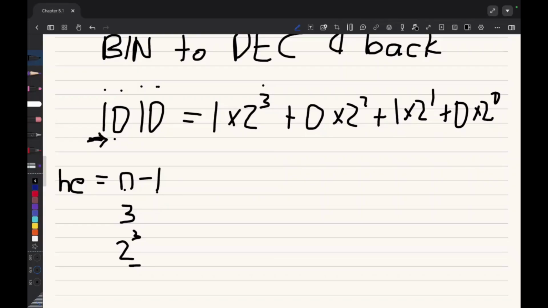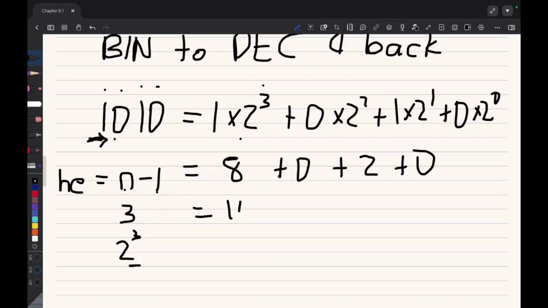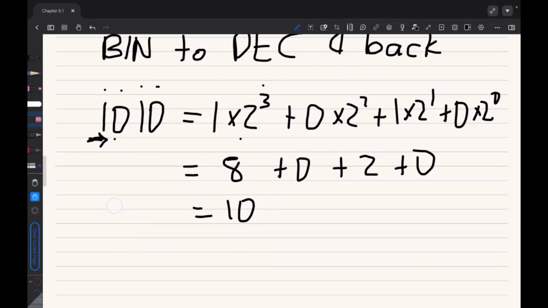Now, how much is this? This is going to be 8, this is going to be 0, that's going to be 2, and that's going to be 0. Now, 8 plus 2 equals 10. This is how you convert from binary to decimal.